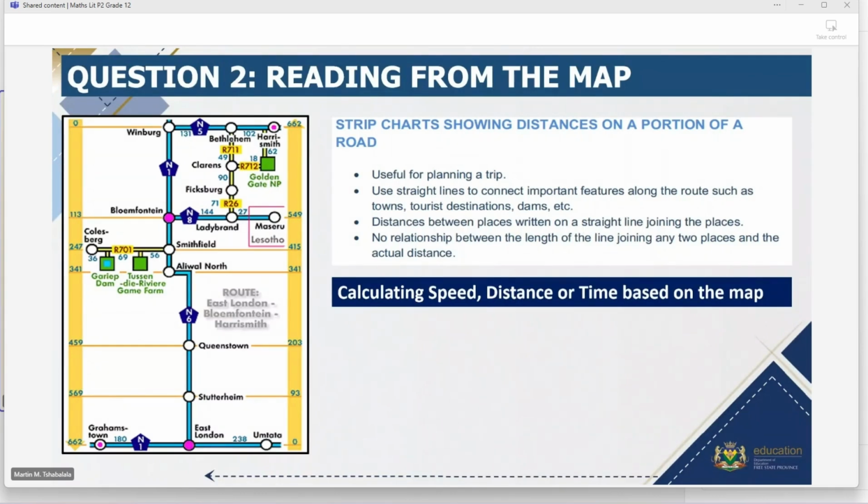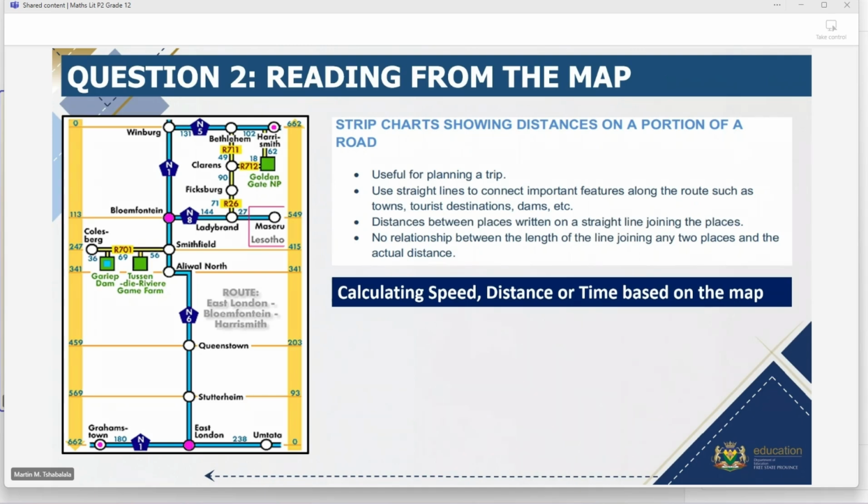I'm going to add that distance, and it will give me how many kilometers I traveled. Therefore, it will be 131 plus 113. That will be 242 from Bloemfontein to Bethlehem. I can go further to Harrismith and add that 102 that is given.